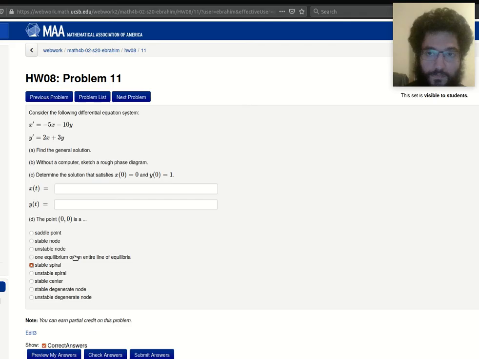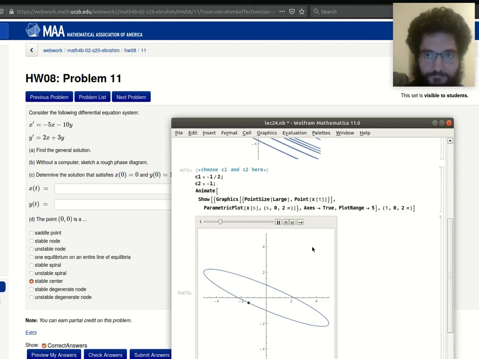So this situation would be called a stable center, which is not what problem 11 is, but that situation where you have purely imaginary eigenvalues and no exponential decay or growth, that's a stable center. So solutions tend to look like that. And even ones that are tight and close to the origin will still not decay to the origin or run away. They just circle around. That's a stable center.